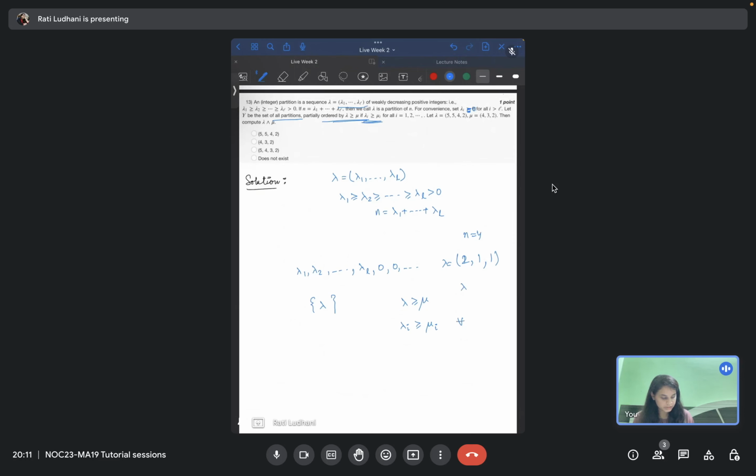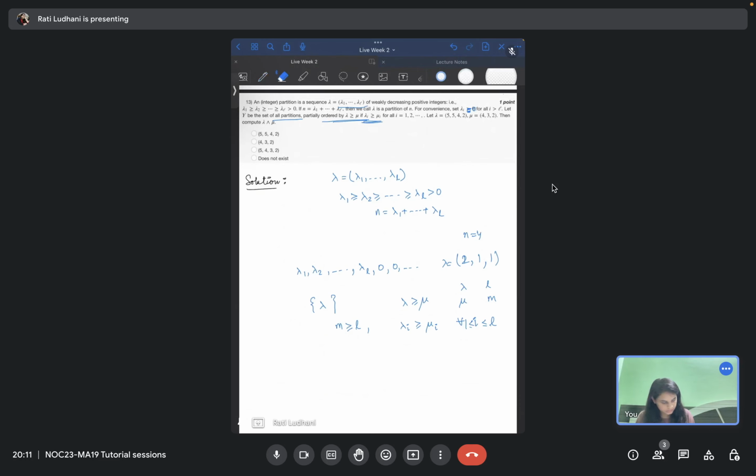For example, let's say lambda has length l and mu has length m.